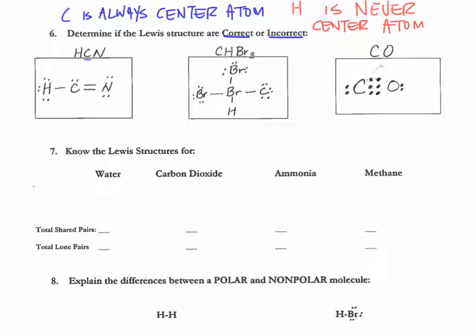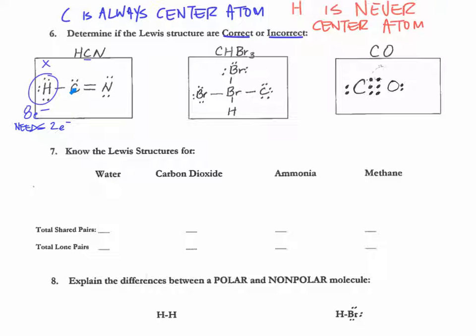Hydrogen here has 8 electrons. It only needs 2. It cannot have more than 2. So that's our problem here. Hydrogen is drawn incorrectly.